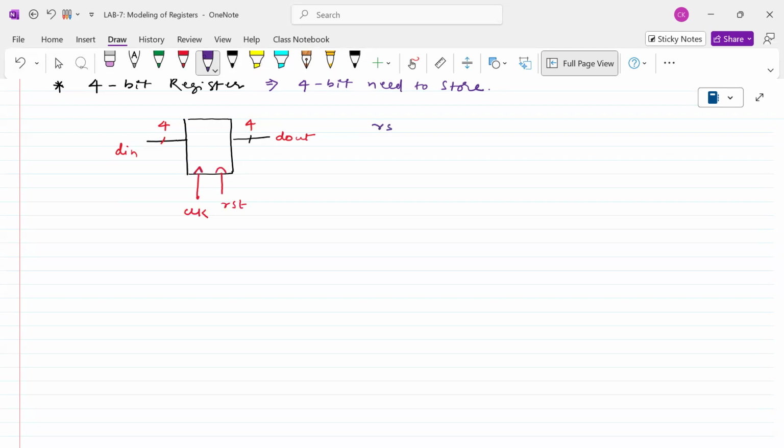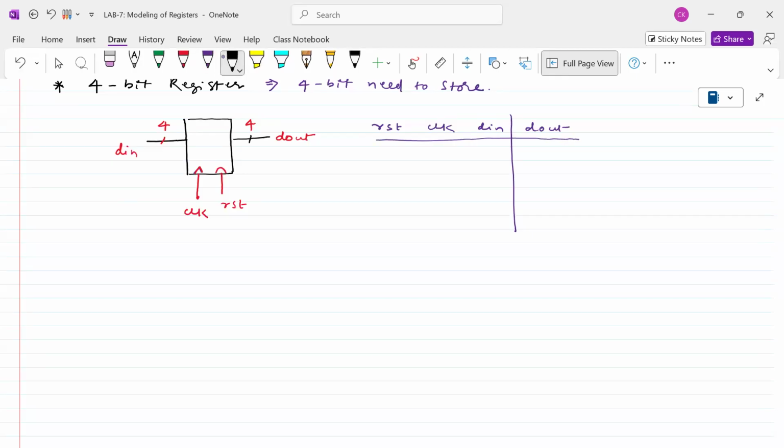Okay, so look at this. What is the truth table for this one? The reset, clock and D out, for example. Of course there should be D in and D out also. So this is the truth table.